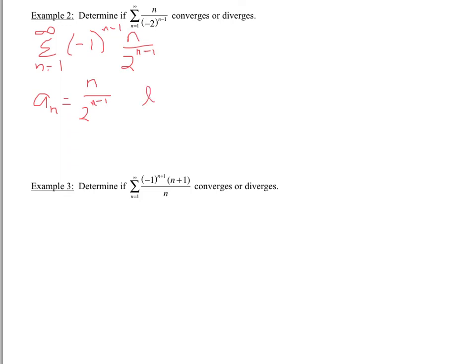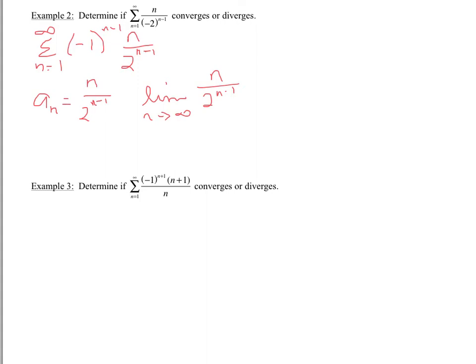And then the limit as n goes to infinity of n over 2 to the n minus 1. Which one is going to get bigger? Is n going to grow bigger than 2 to the n minus 1, or vice versa? This is another situation where if you plug in some numbers, you ought to be able to see it. Early on, at small numbers, the values might be kind of close.